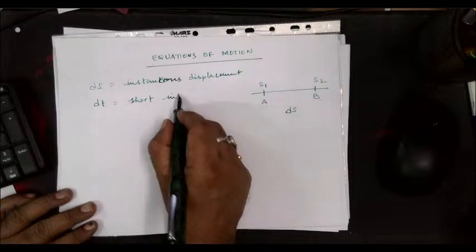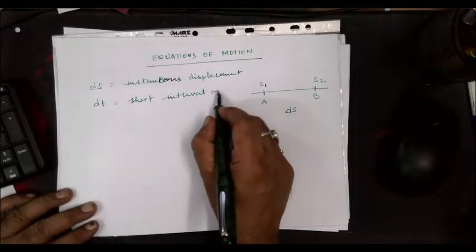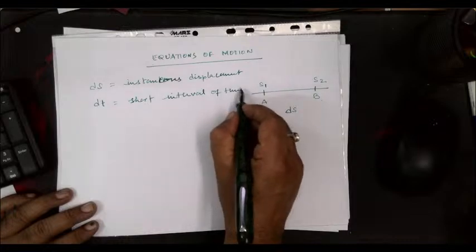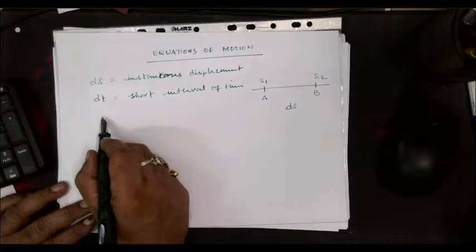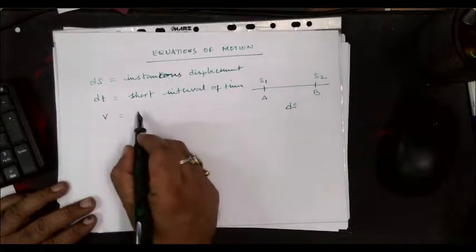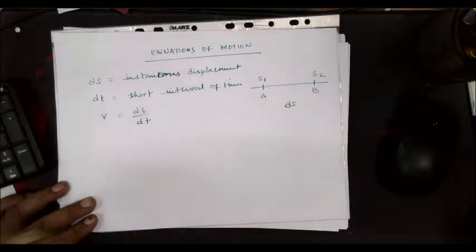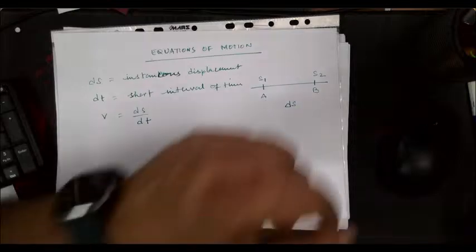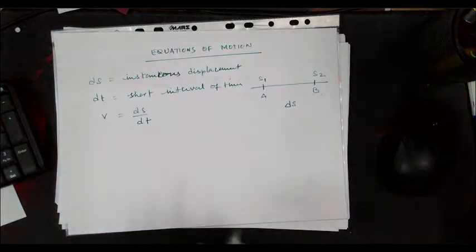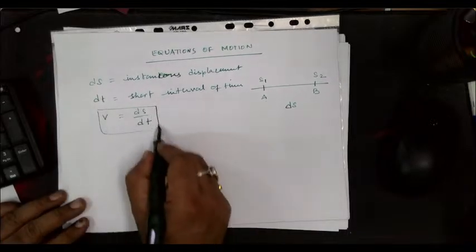Take down. Therefore, velocity is nothing but ds by dt. So this is called velocity.